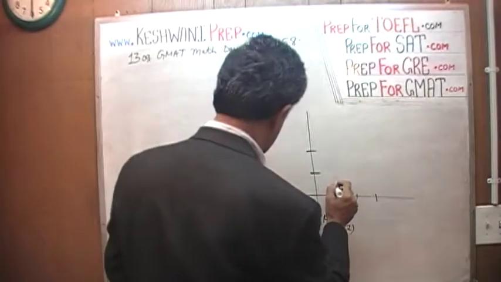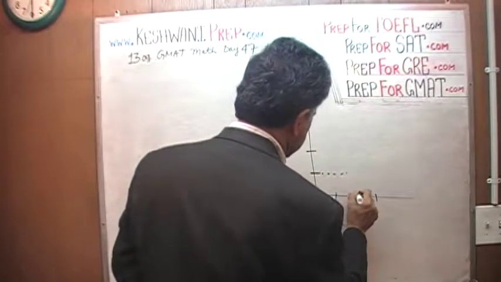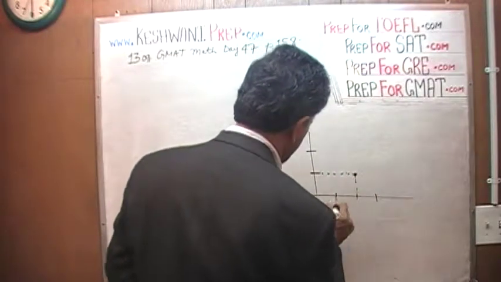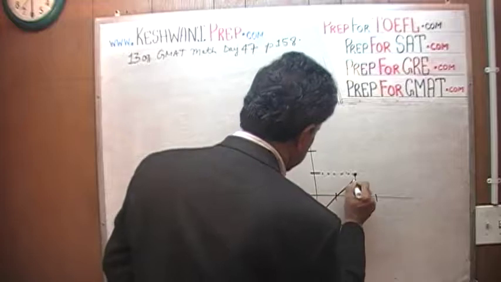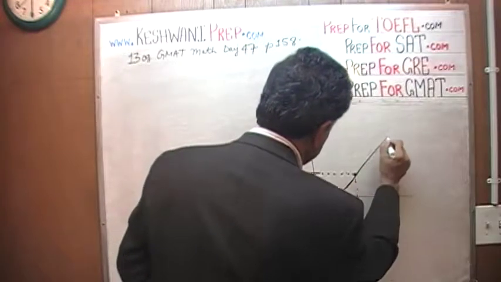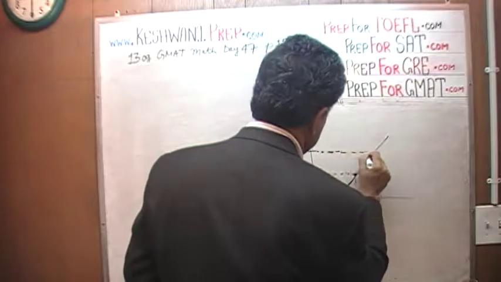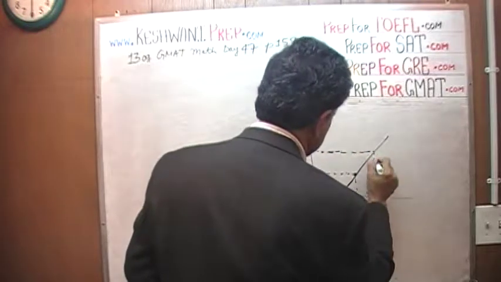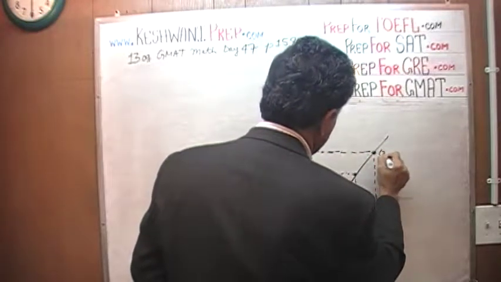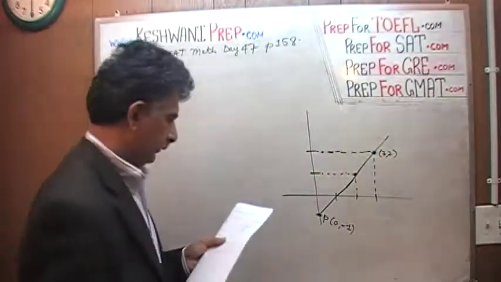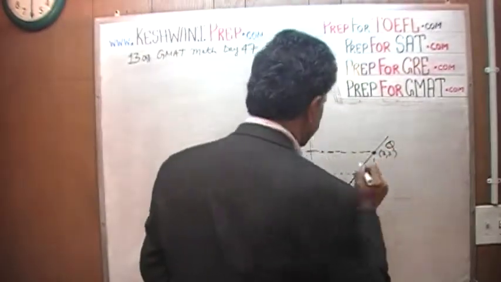Then we have (2, 1), and (3, 2), and they're calling this point Q.